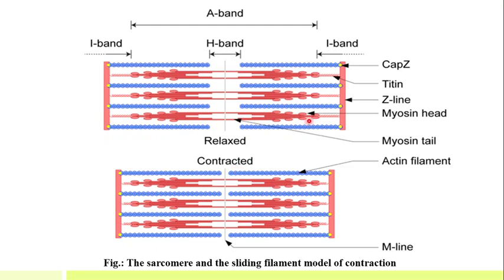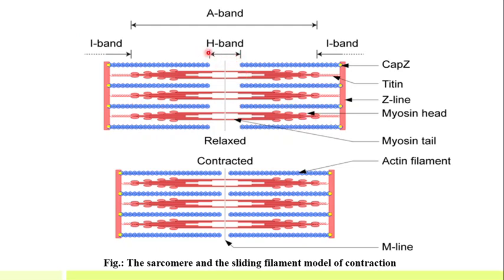Okay, now see how the I band and H band work at the time of contraction and relaxation. The actin filament above is showing the cap Z, the titin molecules, the Z line. These are the two Z lines. The distance between the two Z lines is one sarcomere.